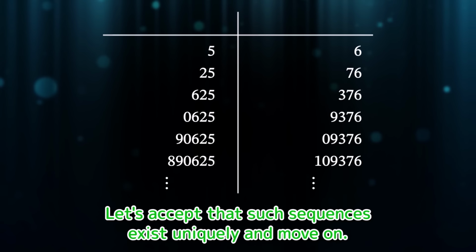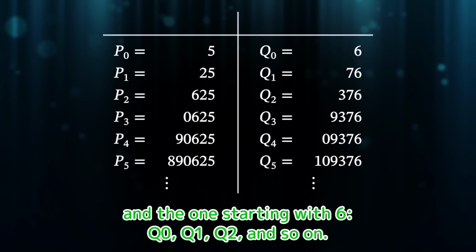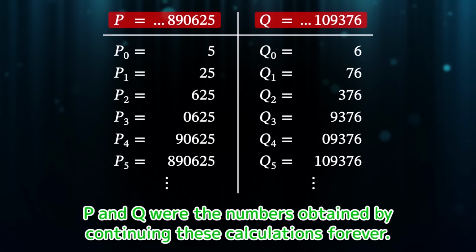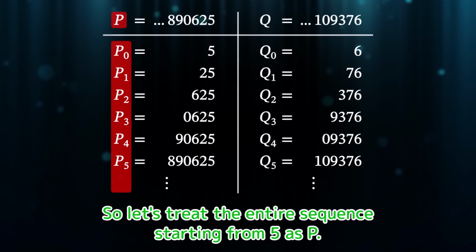Let's accept that such sequences exist uniquely and move on. Now, let's call the sequence starting with 5, p sub 0, p sub 1, p sub 2, and so on. And the one starting with 6, q sub 0, q sub 1, q sub 2, and so on. P and q were the numbers obtained by continuing these calculations forever. But p and q are infinite digit numbers, so they are suspicious objects. So let's treat the entire sequence starting from 5 as p.